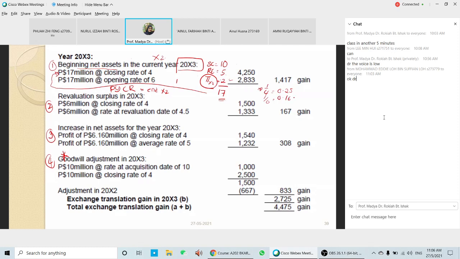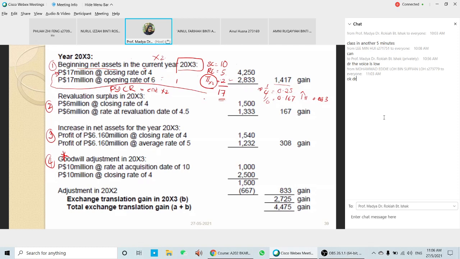So it means that there is a gain here. So the gain that we have here is 0.083, times 17. So we're going to have 1.417. Or we just divide this one, divide this one. So this one is to determine whether there is a gain or loss.